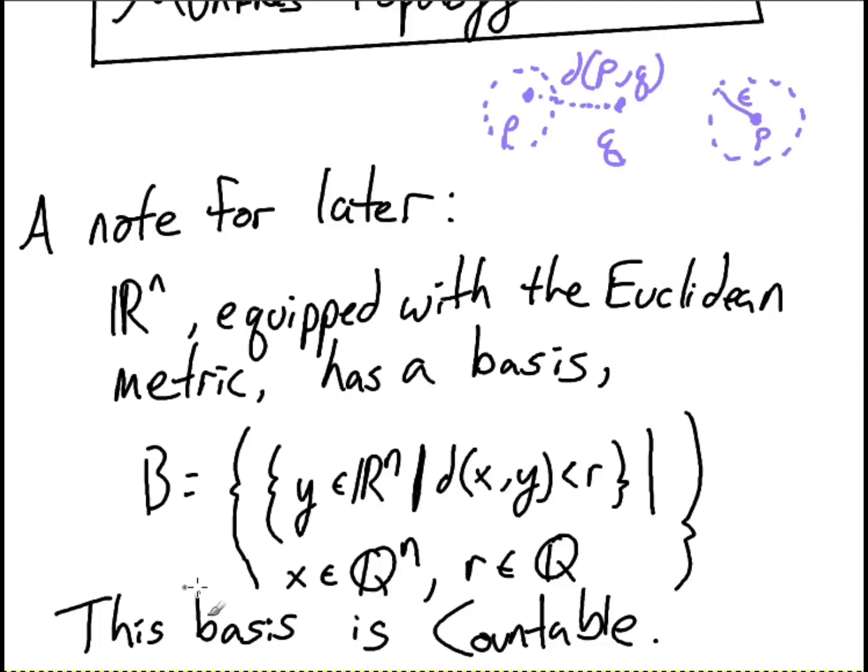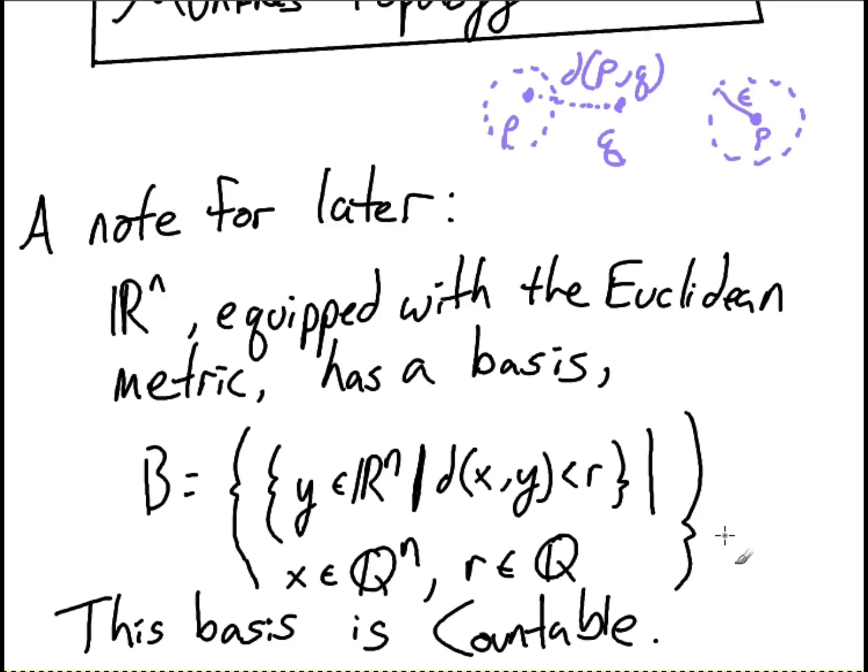So this collection of sets consists of the points y in R^n where the distance between x and y is less than some value r, where x is a center point that is a rational point, and r is also a rational radius. So this collection is described with n+1 choices of rational number. Since the rational numbers are countable, this whole collection is also countable.